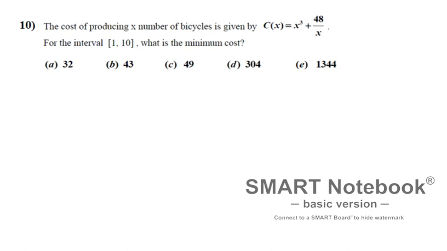Next, 10. The cost of producing X number of bicycles is given by C of X equals X cubed plus 48 over X. So the interval from 1 to 10, what is the minimum cost? I don't know how easily you can see this, but this is an absolute value problem.